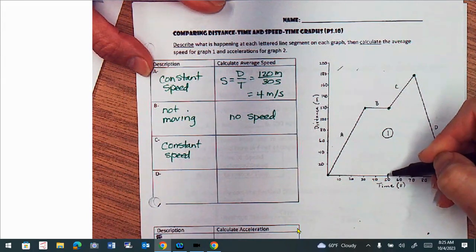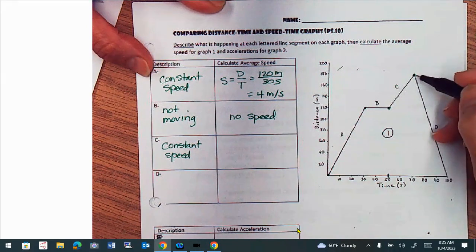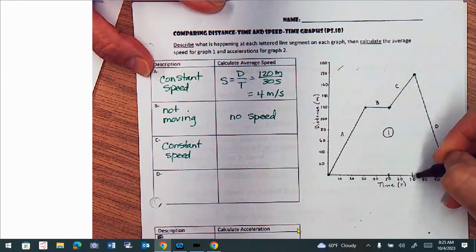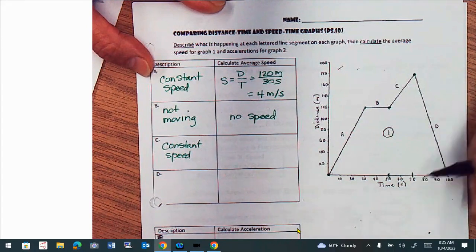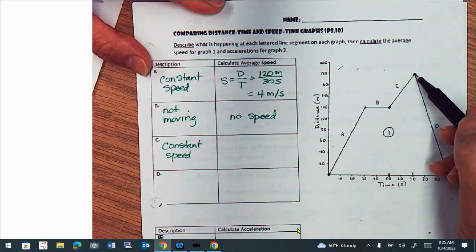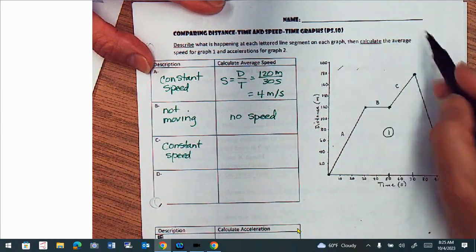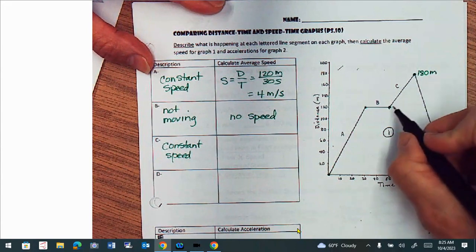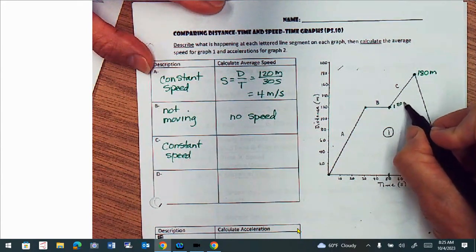It starts at 50 seconds and the object stops at 70. So remember, to get average speed is total distance. So here it's at 180 meters and here it's at 120 meters.